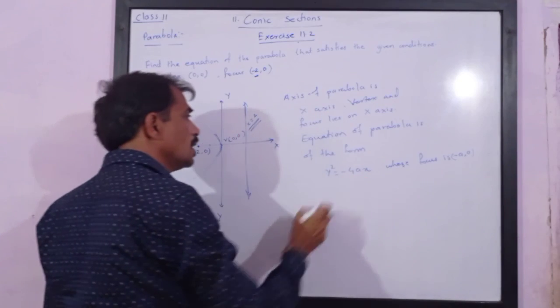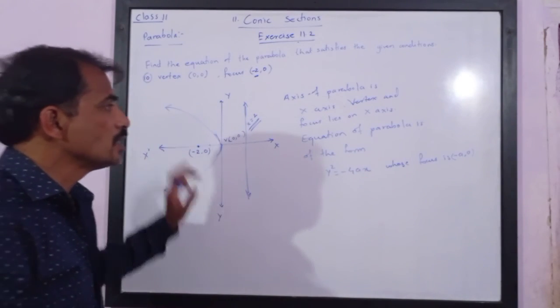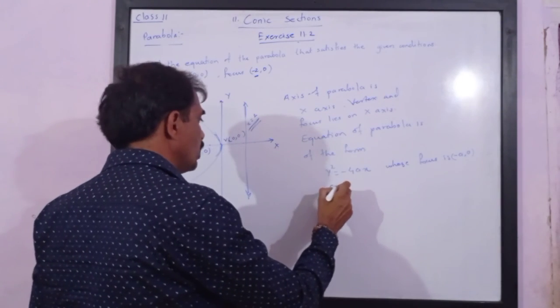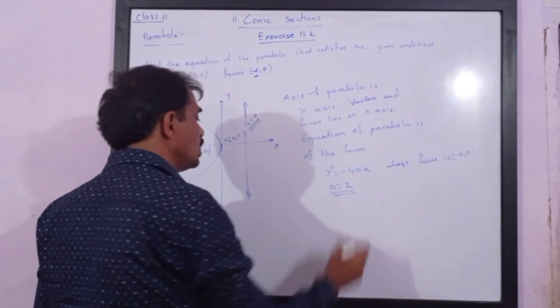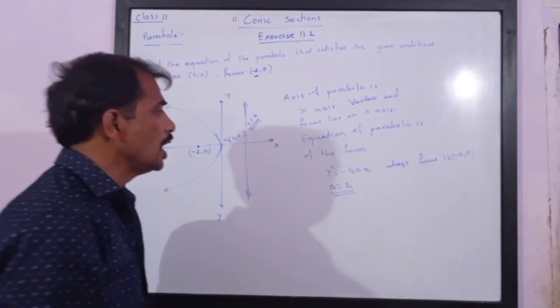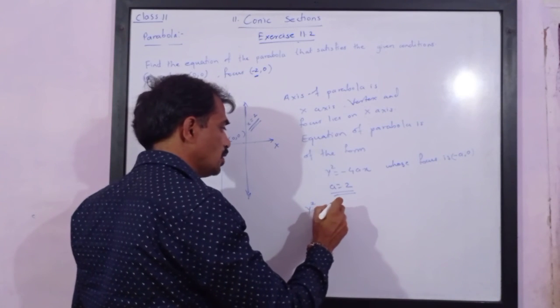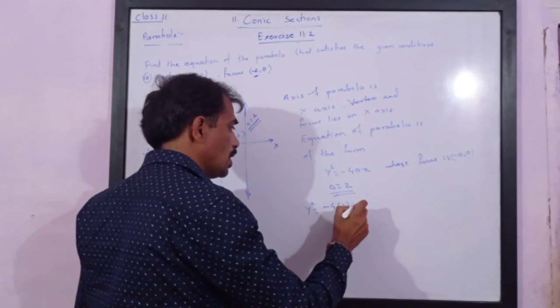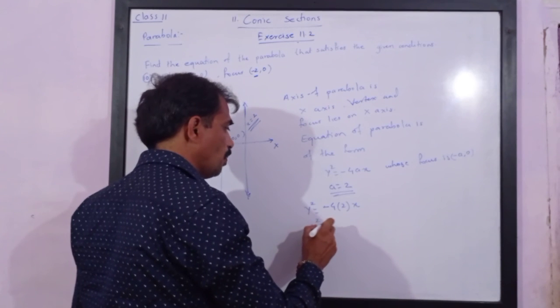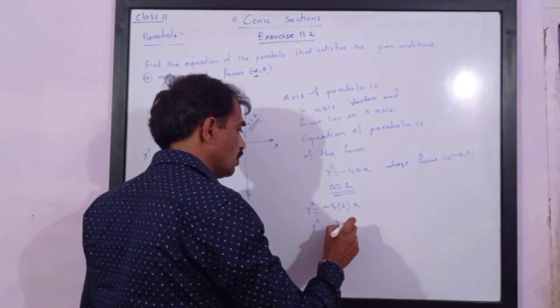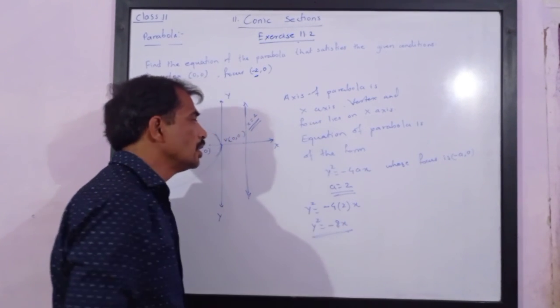So here please compare with the focus. So you will get a is equal to 2. Now if a is equal to 2, then we get the equation of the parabola as y square is equal to minus 4, a's value is 2, x. So the equation of the parabola is y square is equal to minus 8x.